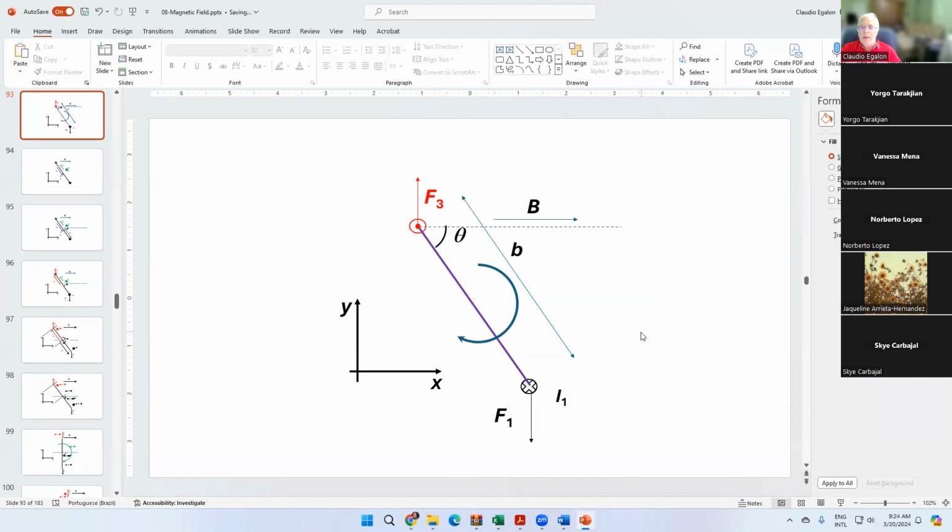This one is 90, and theta plus 90 plus this angle x that I do not know must be equal to 180. So this angle here must be 90 minus theta. If this is 90 minus theta, this one is going to be theta.